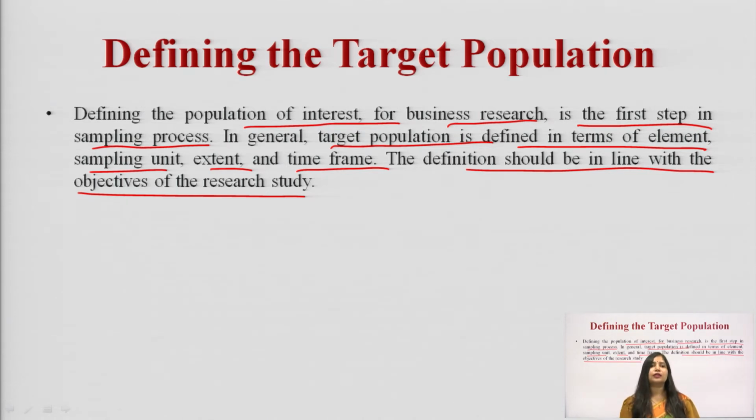Suppose the objective of the study is to know customer satisfaction, while for some other study the objective may be to identify the needs of the customer. In both types of research your respondents may be different.